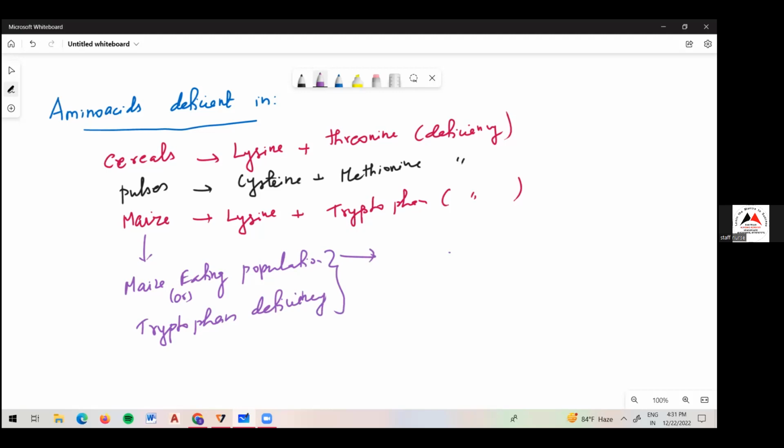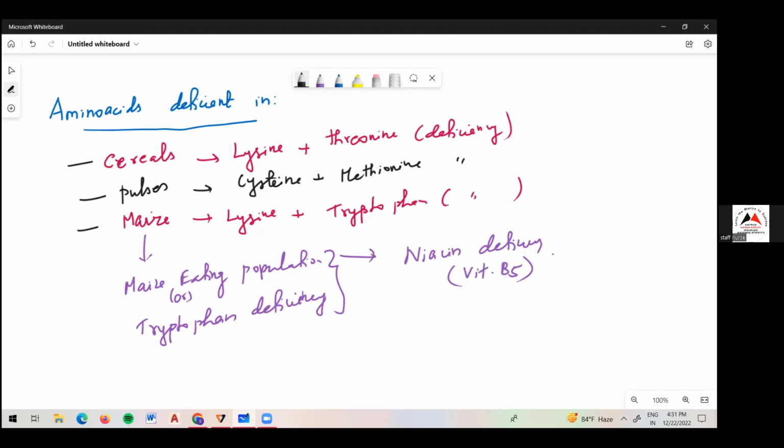Both are associated with niacin deficiency. What is niacin? Niacin is vitamin B5. So these points are very, very important.